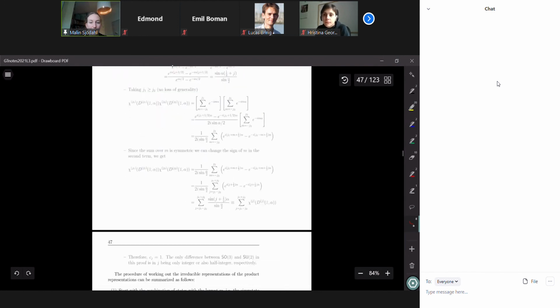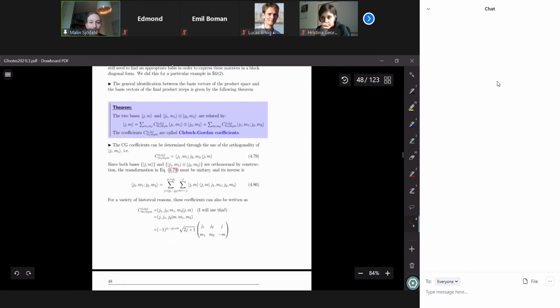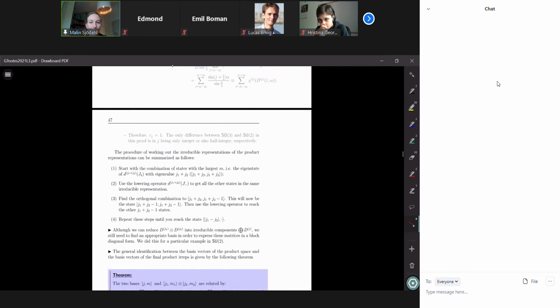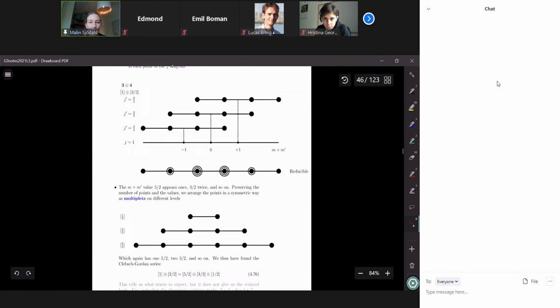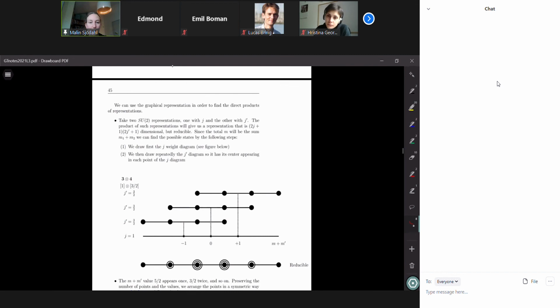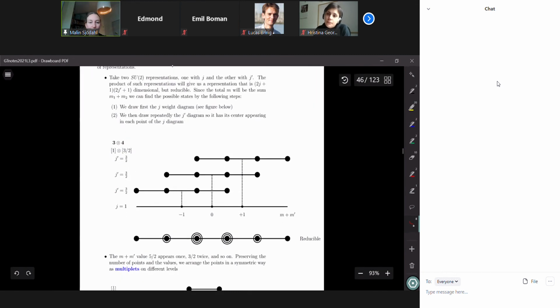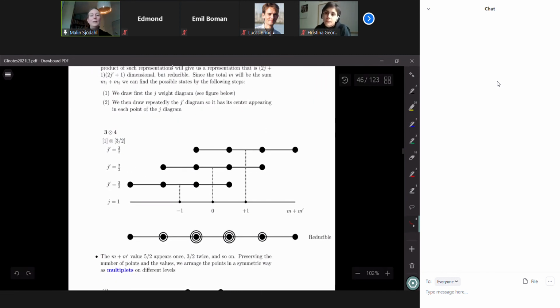There is a graphical representation of how one can add up the spins and identify the different representations that one will have, but that we will do next time.